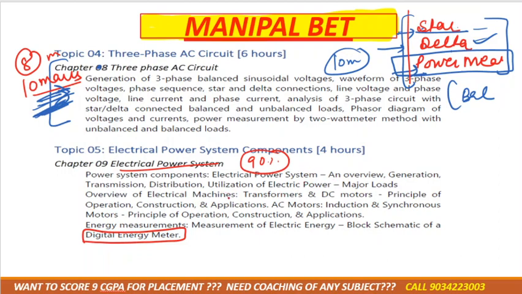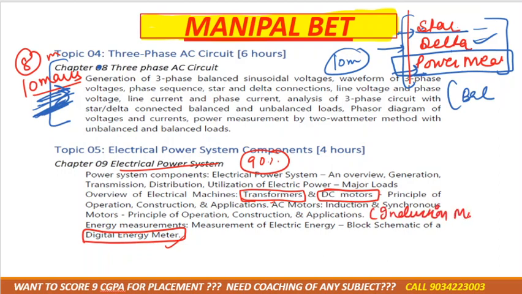Next is the basics of transformer. Transformer they can give you like this: what is a transformer, describe the construction and working principle of a transformer, or define the different types of transformer. Okay, two topics: digital energy meter, transformer. Another topic is the DC motor, or they can give you the induction motor.